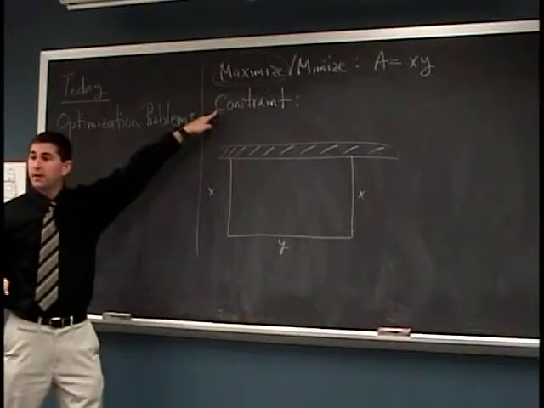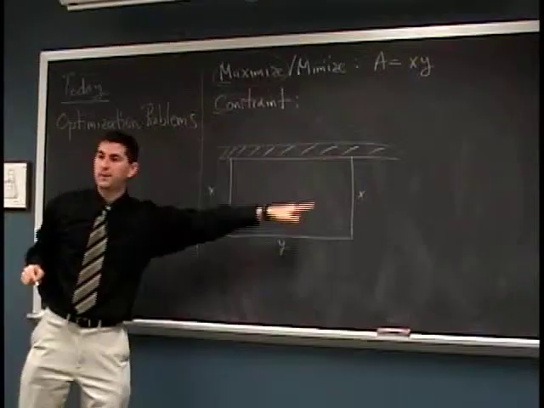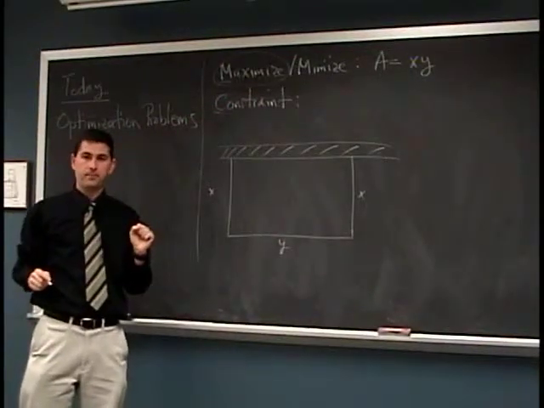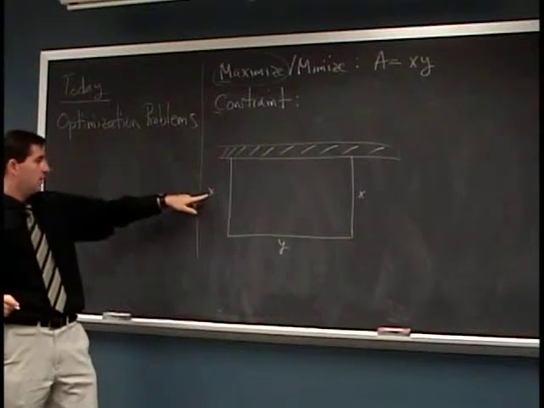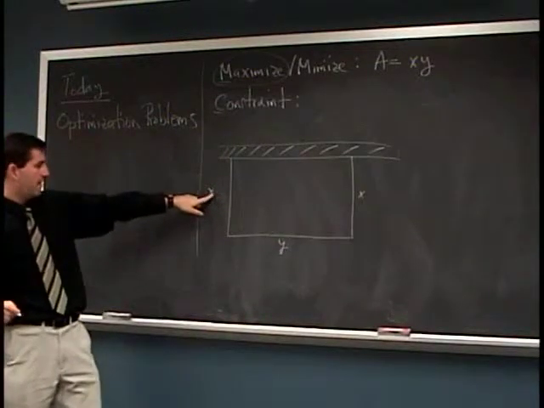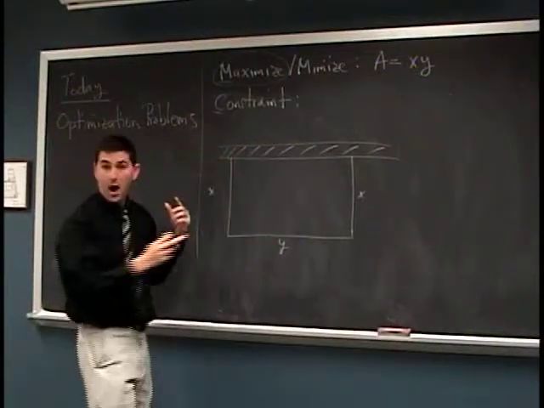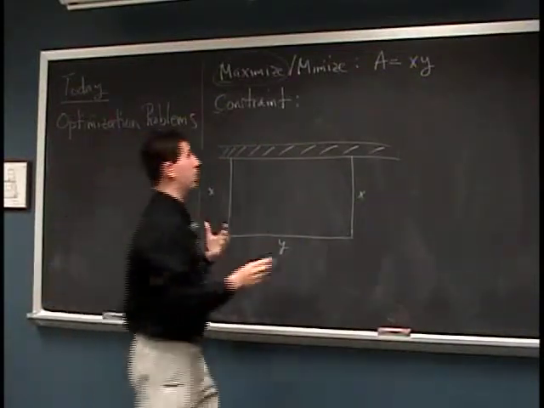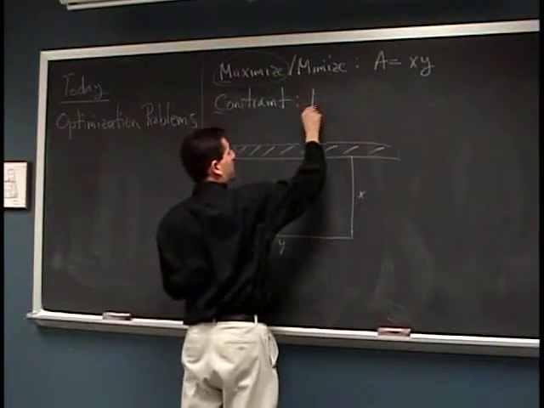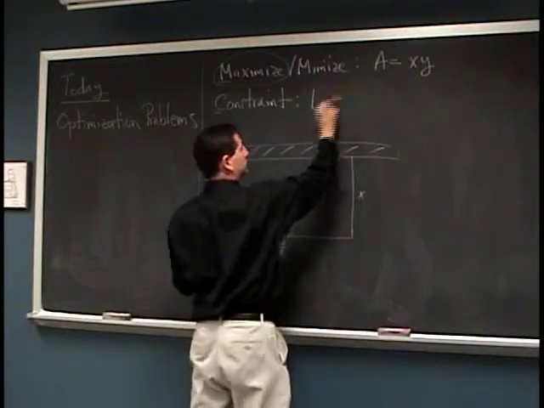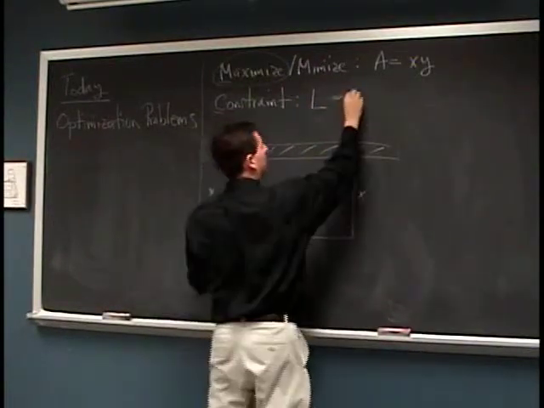And my constraint is the amount of fencing I have. The amount of fence that I have is going to be 2x plus y. And so let me say the total amount of fencing I'll call L, for length of fence or something.